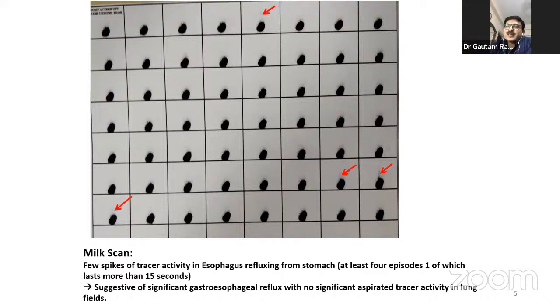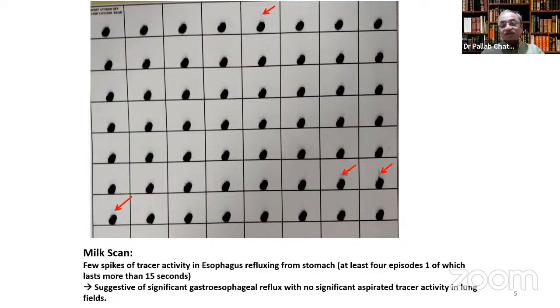To tell you the truth, we get very few referrals for infants. In our gastroenterology department, most referrals are for older children. Early infancy is mainly handled by neonatologists and pediatricians.